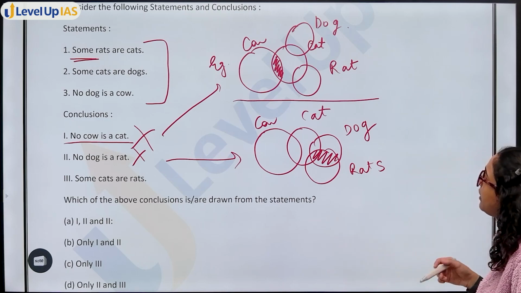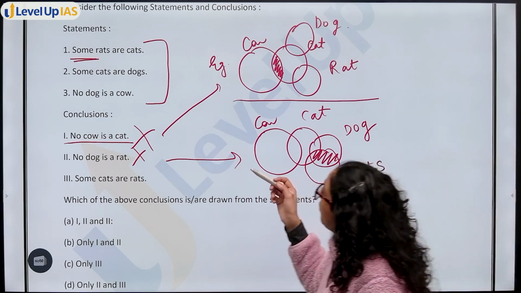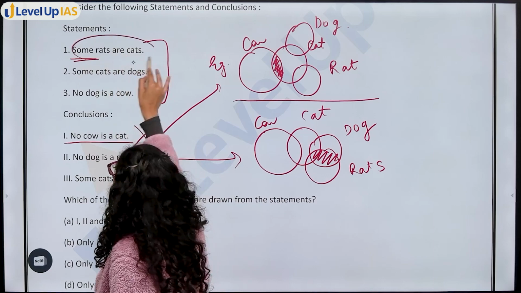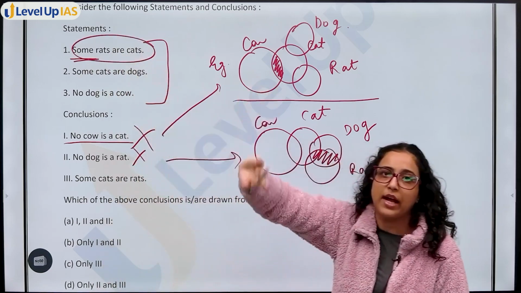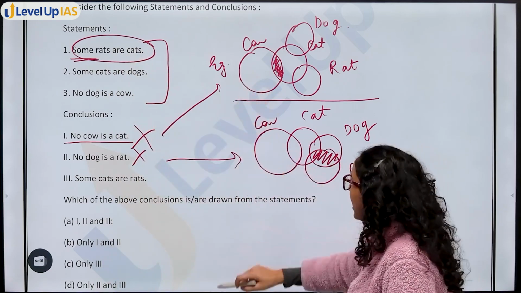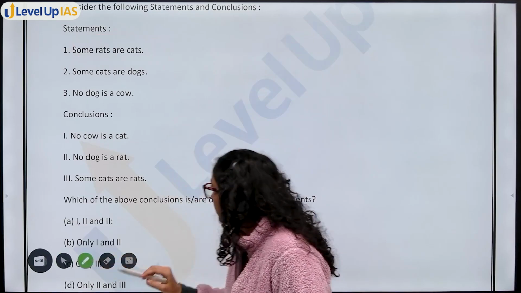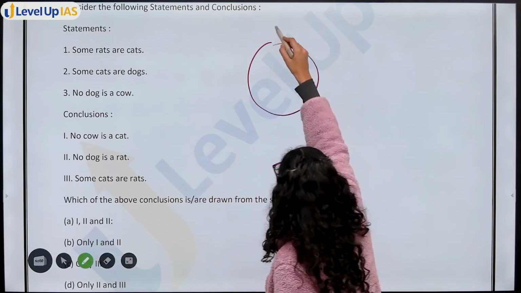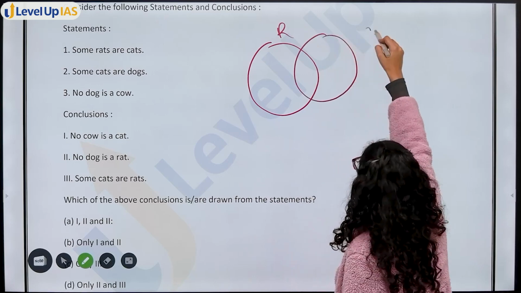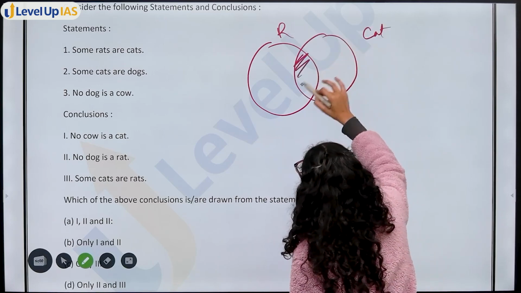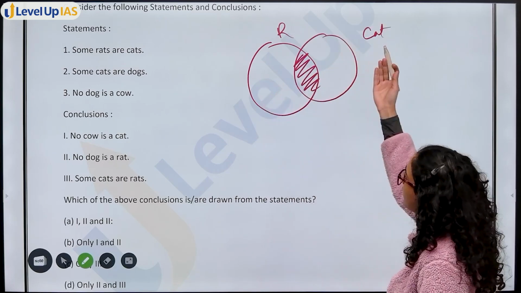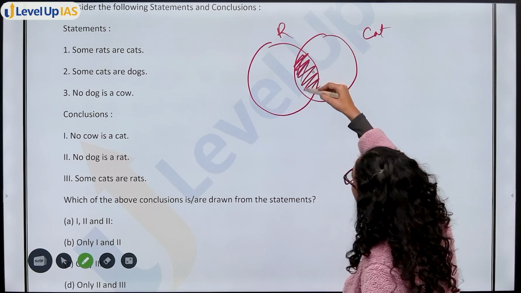Next, some cats are rats. Obviously, if some rats are cats, then some cats are also rats. Some rats are cats is given to you. So rats and cats have this part in common. So obviously these cats are also rats.